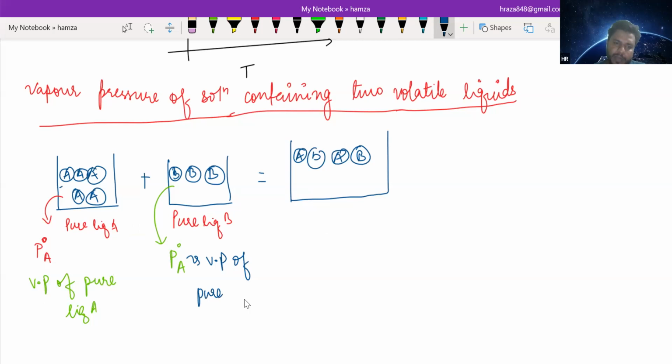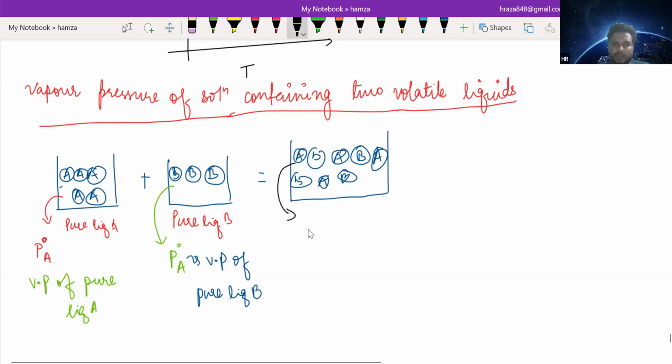And again, the bigger container which contains the solution will have A, B, A, B, A, B. This will have both, and both are volatile, that means both will create some vapor pressure. So we will represent them as PA and PB.